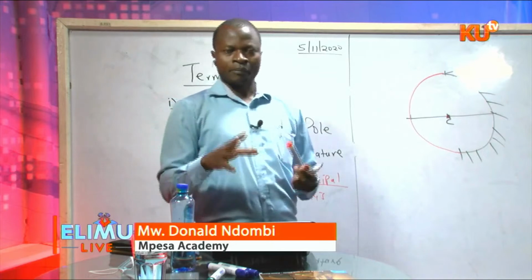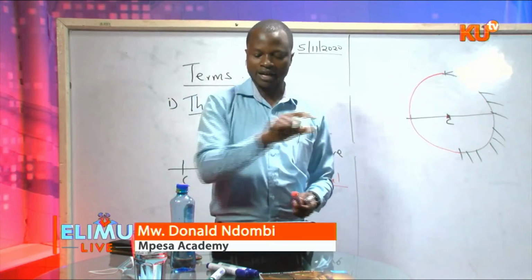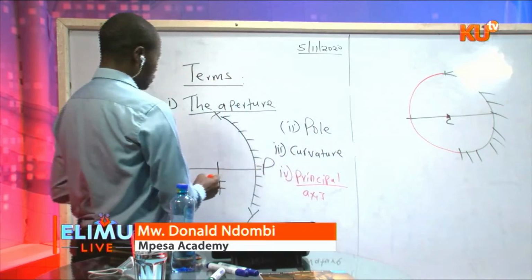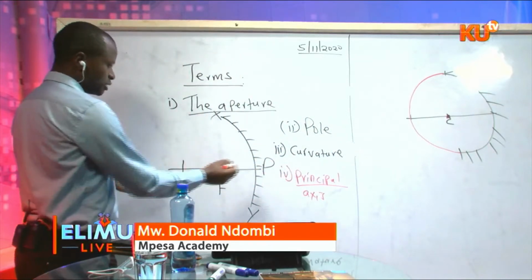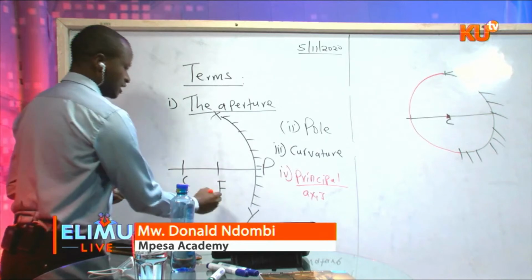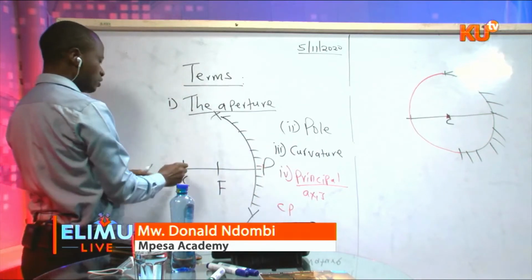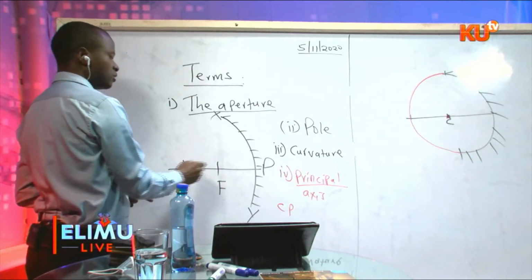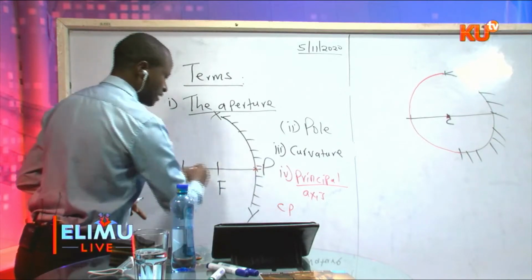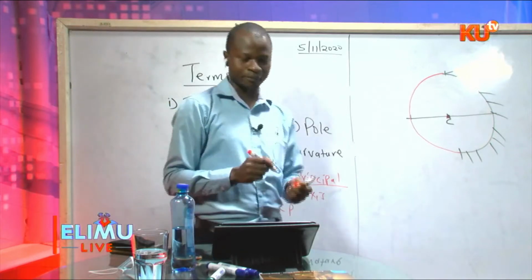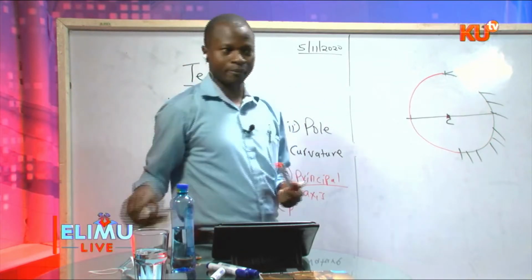And we are saying principal axis is actually a straight line, a line drawn through the pole of the mirror and the center of curvature. So I can say principal axis in this case is the line CP or CFP. So the line drawn through the center of curvature to the pole of the mirror. That straight line, we are calling it the principal axis. It's a very important line.